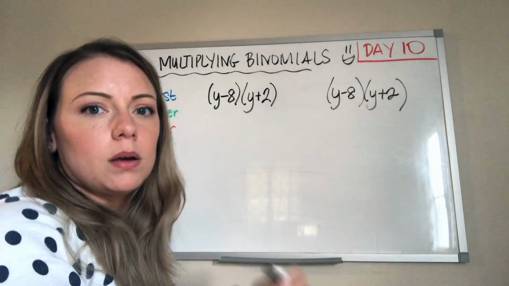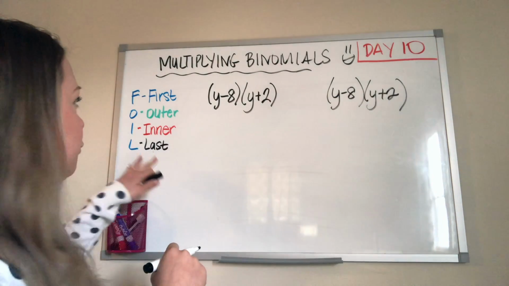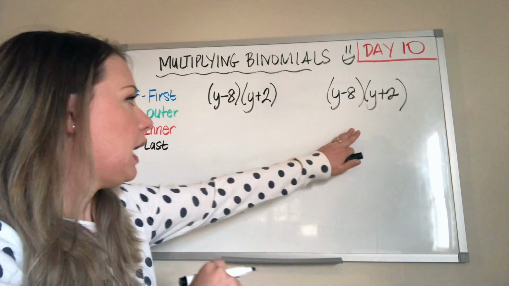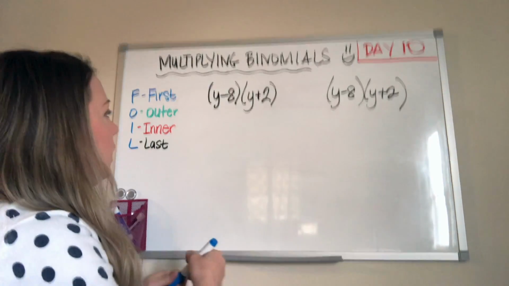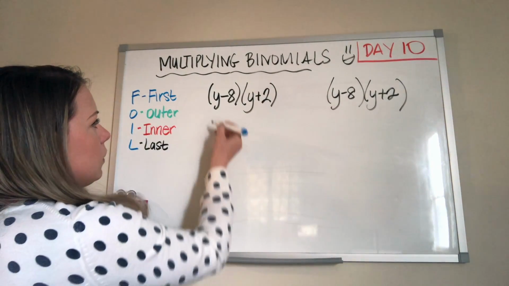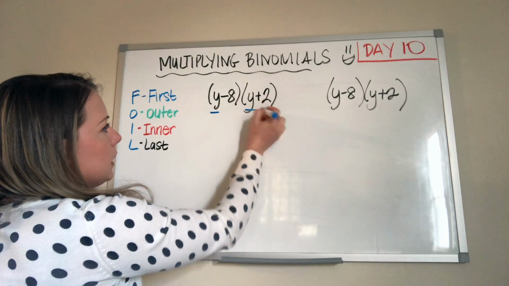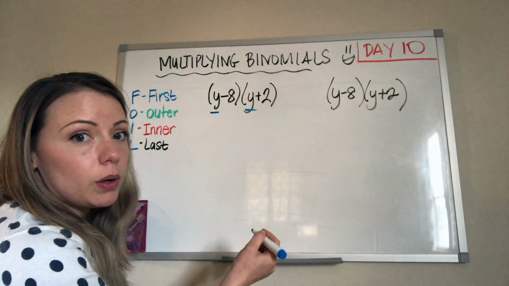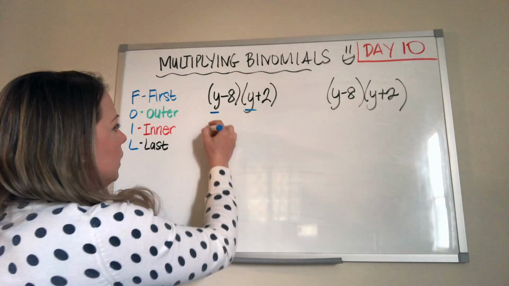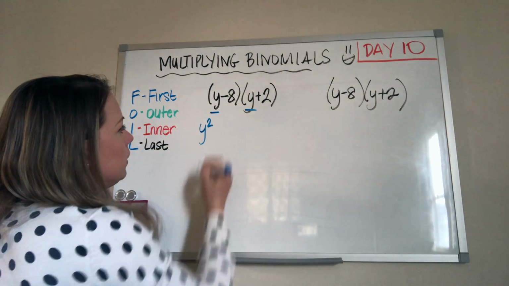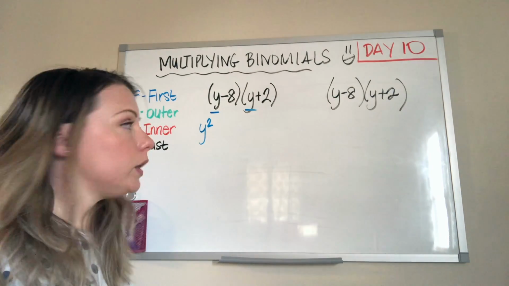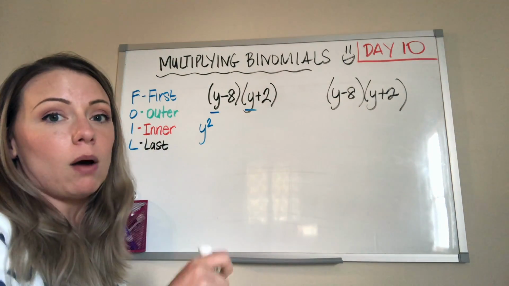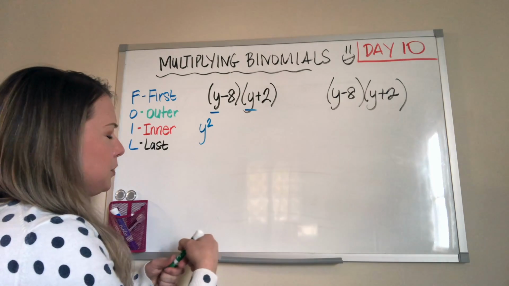Again, we're going to do both methods. I'm going to do foiling over here, and then I'm going to distribute over here. If I foil, it tells me that the very first terms I'm going to multiply together first. So y times y would be y squared. Then I'm going to multiply my two outer terms together second.